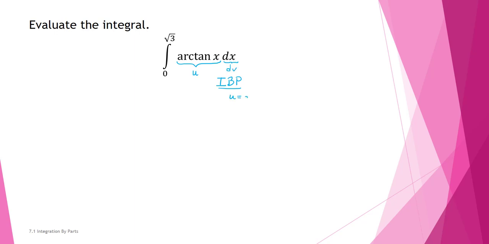So u is arctangent of x, dv is dx. Then we find du by taking the derivative. The derivative of arctangent x is 1 over 1 plus x squared dx. We find v by taking the integral of both sides here.